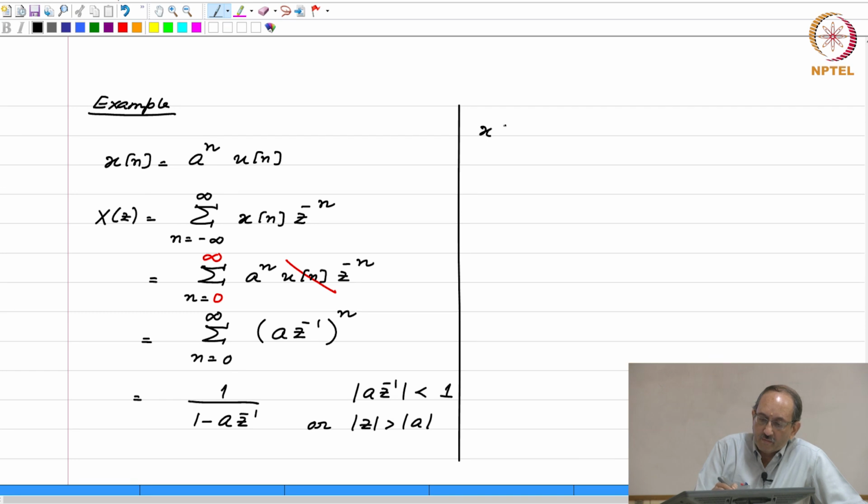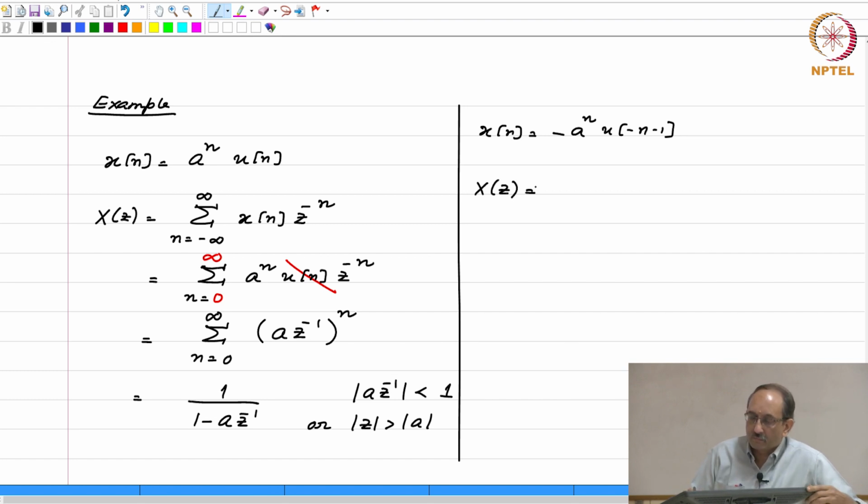So, now we have x of n to be minus a to the n u of minus n minus 1. So, what is its Z transform?